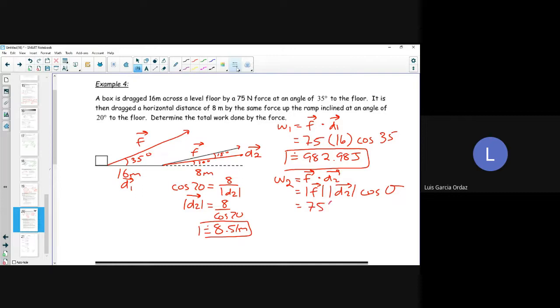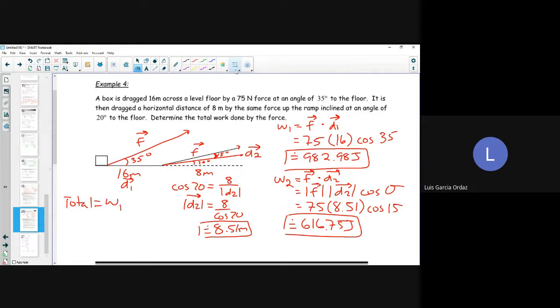I know my second distance is about 8.51 meters. And the angle is going to be 15 because I'm dragging it 15 degrees upwards. When I do all of this calculation, I get approximately 616.75 joules.